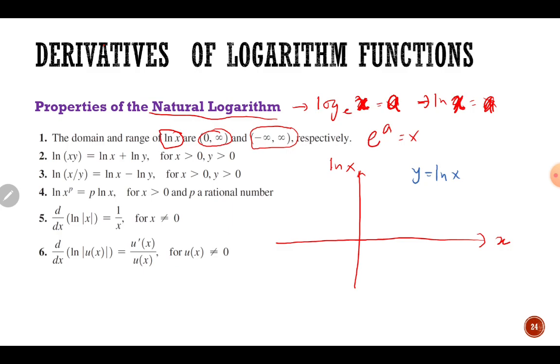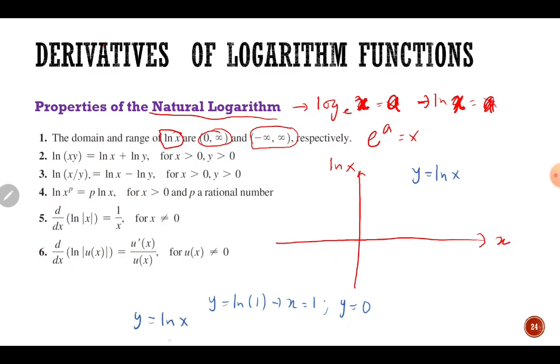Yang mana untuk pengetahuan awak, ln 1 adalah kosong. Okay, y equals to ln 1 maknanya when x equals to 1, y kita akan dapat sama dengan kosong. Tak percaya tekanlah kalkulator tu. Okay, kenapa dia jadi macam ni? Okay, kita ada y equals to ln x, right?